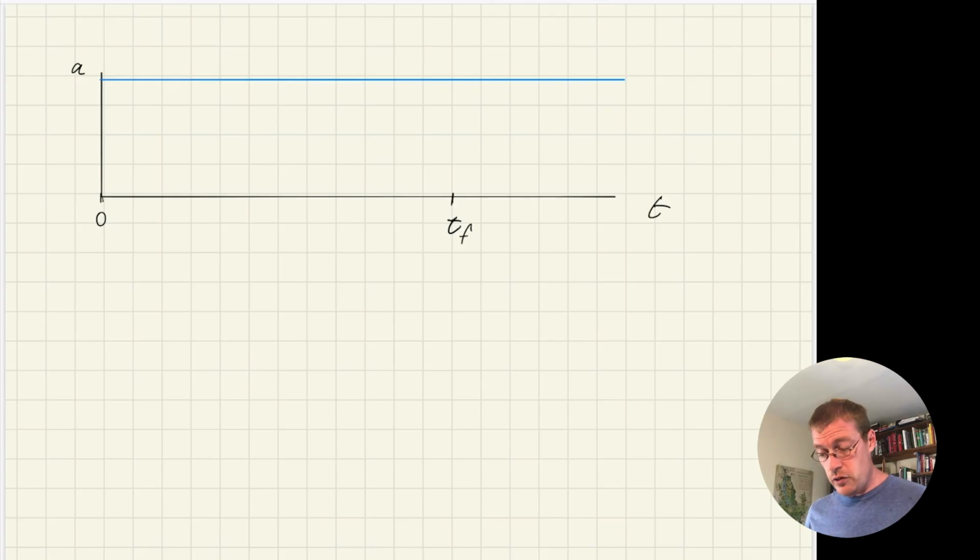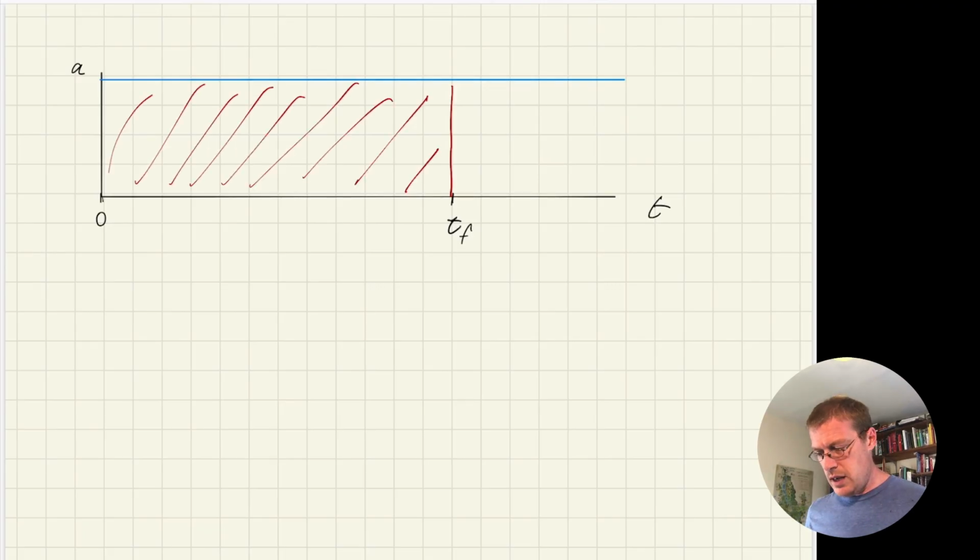So we know the change in the velocity is just the area under this curve. So that's this area. The height of this curve is A, and the width of this rectangle is TF.